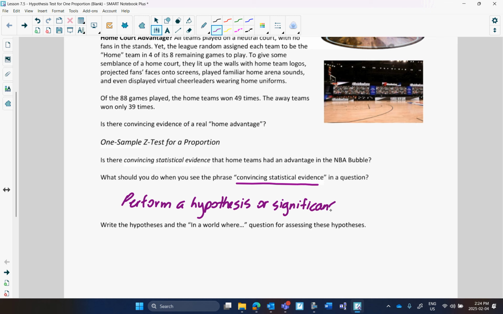As soon as you see that, that's when we set up the null and alternative hypotheses, and then do our calculations from there. Find the p-value and see if it's below or above what we've set as the alpha value.